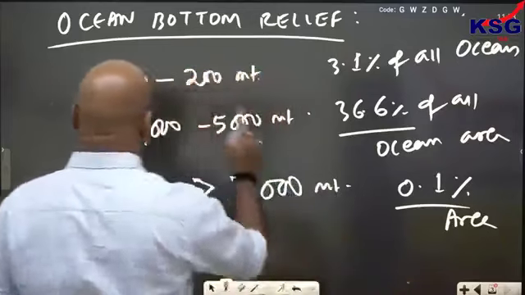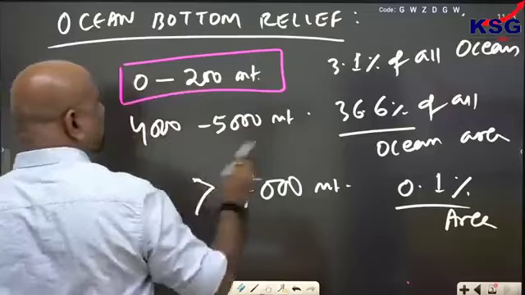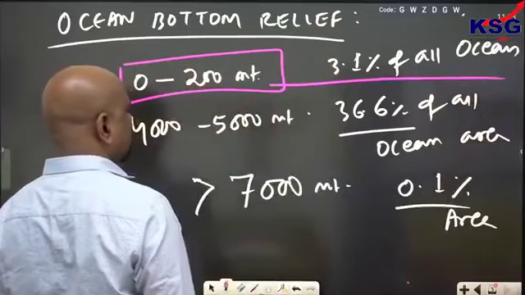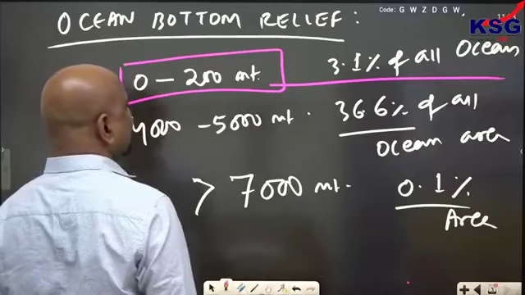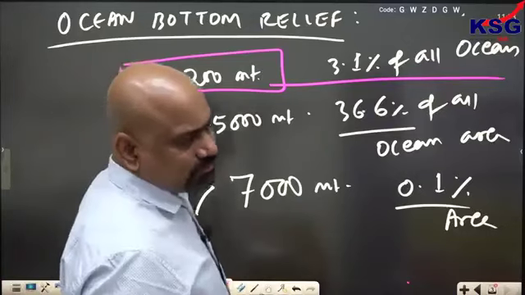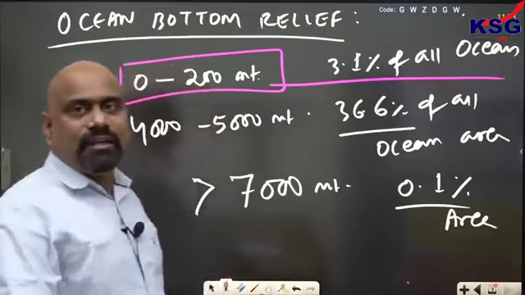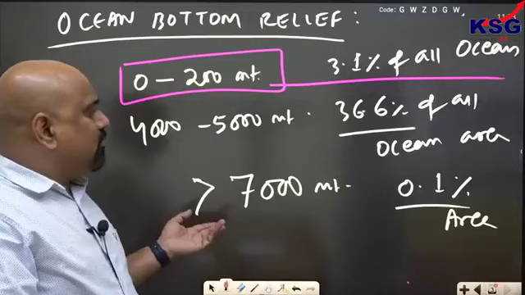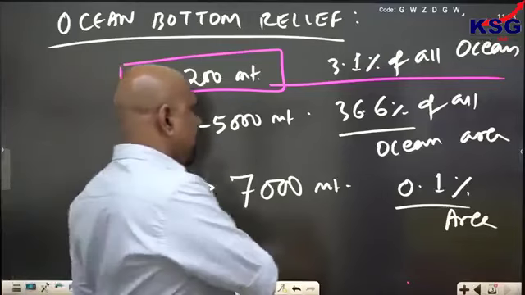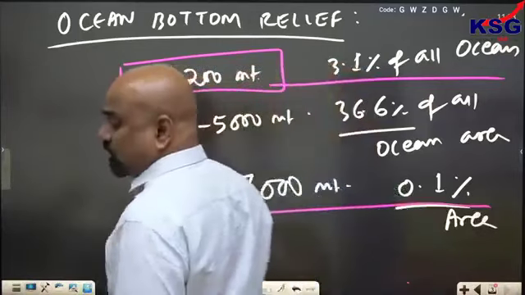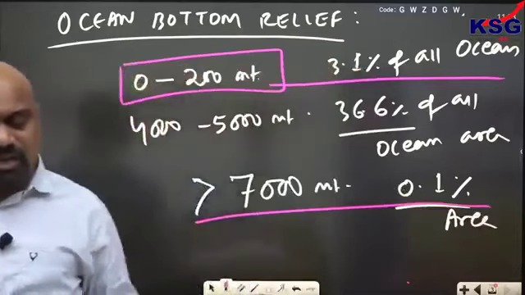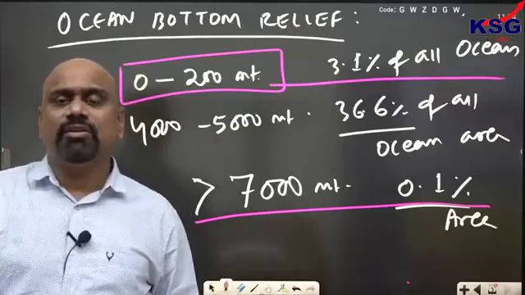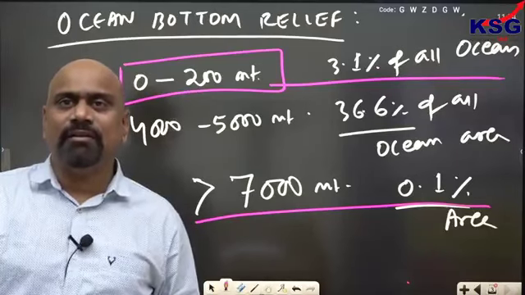Again I am saying, 3.1% of all ocean is 0 to 200 meter. Average depth I am talking about. More than 7000 meter, 0.1% area. Again, this is not including the marginal seas, adjacent seas. Like for the Indian Ocean, Gulf of Mannar is not included there.